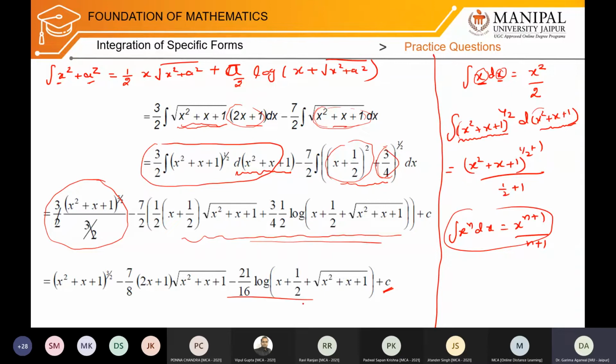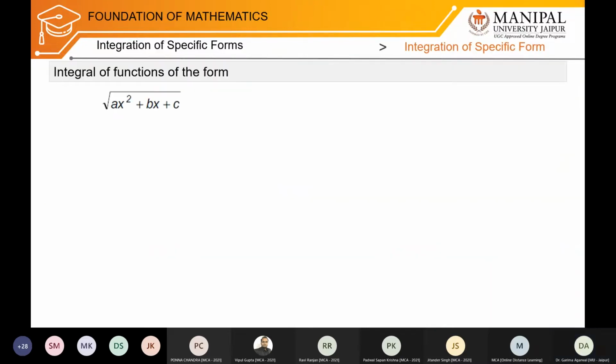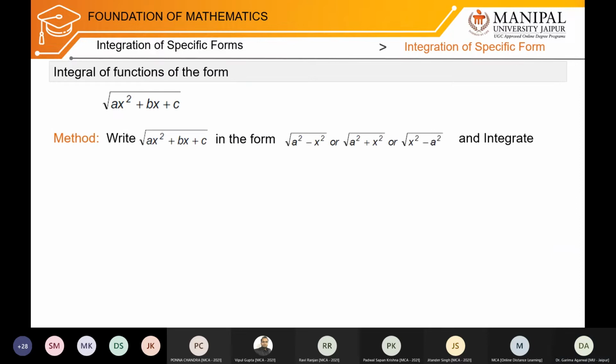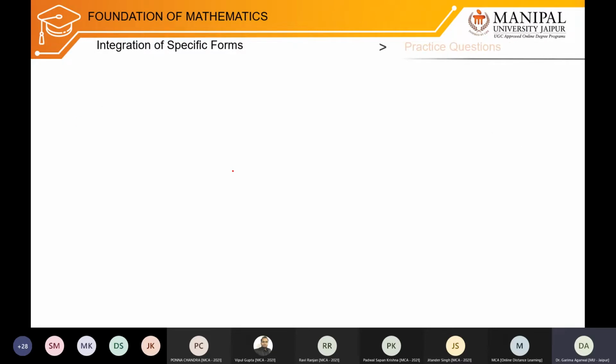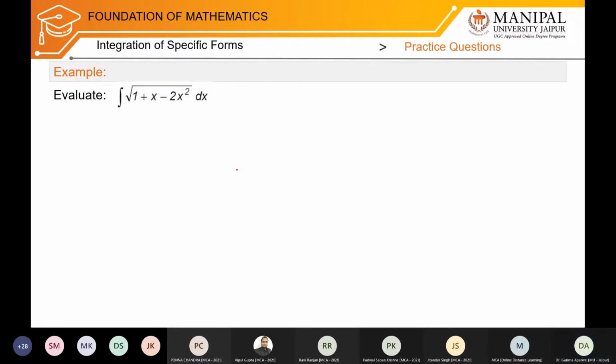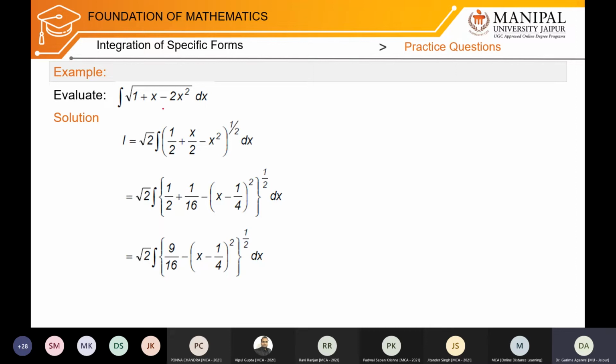And we get this required result. The other form is root of (a x square plus bx plus c). We rewrite this form into root of (a square minus x square), or root of (a square plus x square), or root of (x square minus a square). This is the standard form.